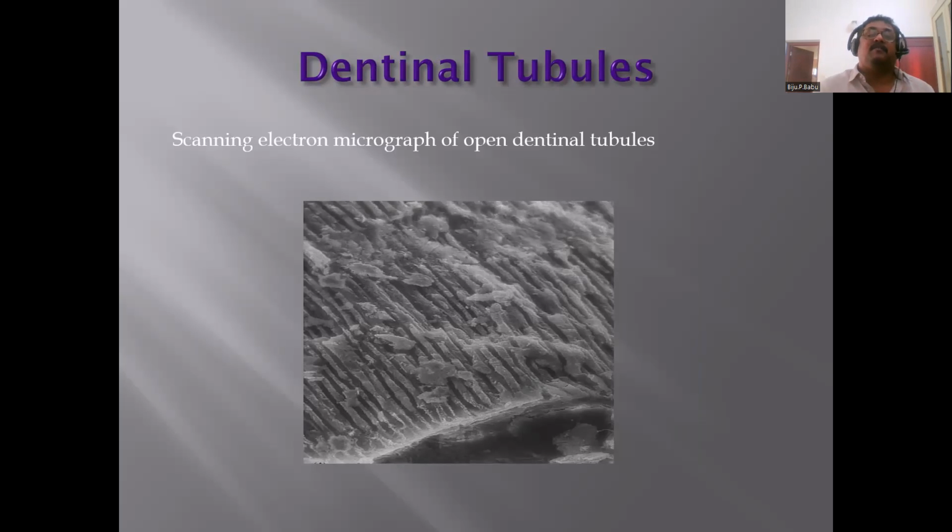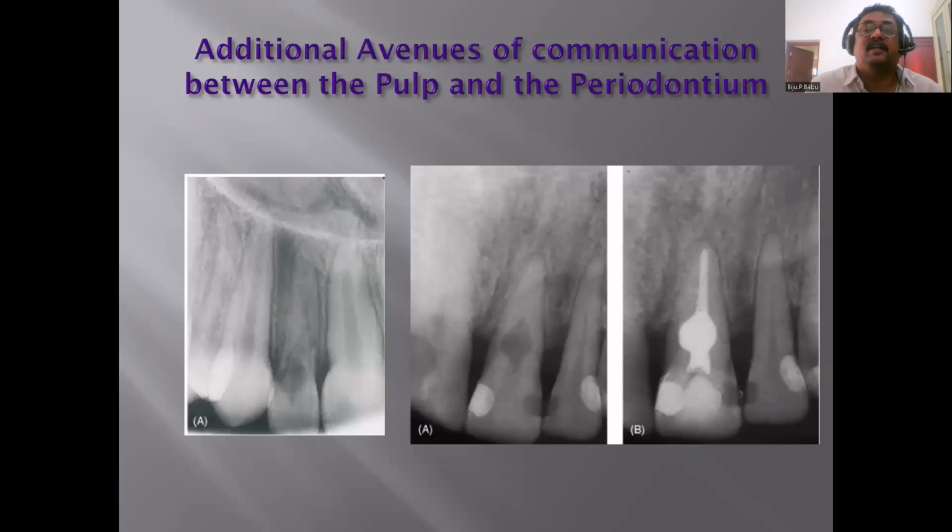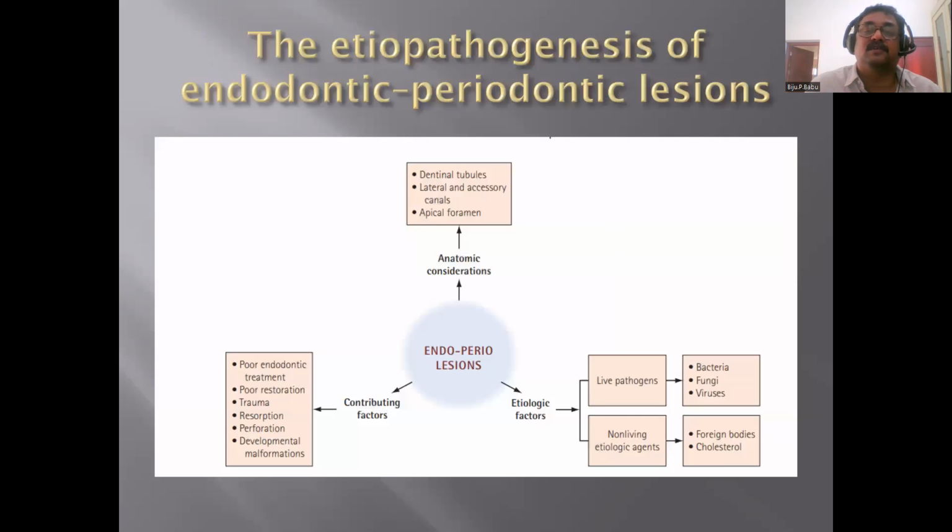This is the SEM micrograph showing the dentinal tubules, which are also a possible venue for communication. And here you have the pathological communication, external tooth resorption and internal tooth resorption, which communicate between the pulp and the external tooth surface.